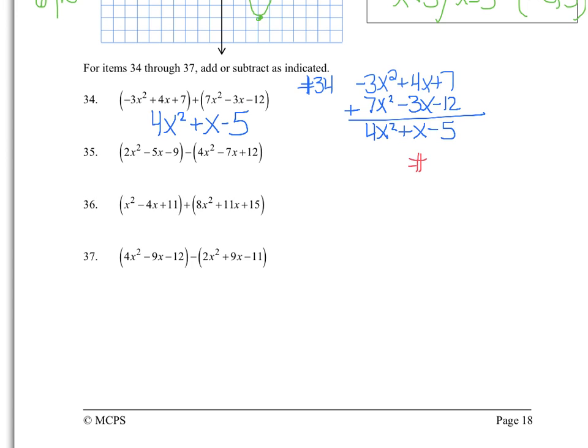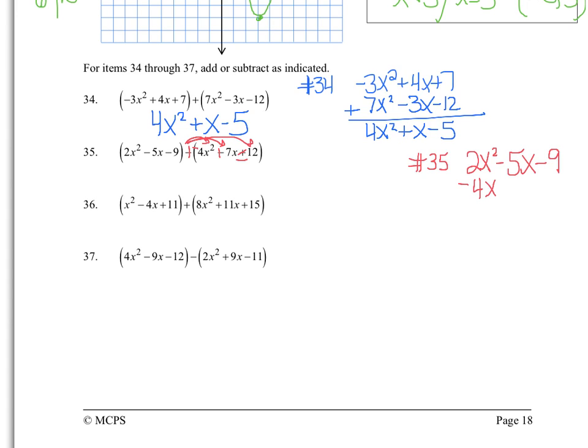For number 35, we have 2x squared minus 5x minus 9 minus 4x squared minus 7x plus 12. Well, I highly recommend that you distribute the negative ahead of time and make it into an addition problem. Plus -4x squared, positive 7x, and -12. So all I've done is distribute the negative so that I can add the two polynomials together.